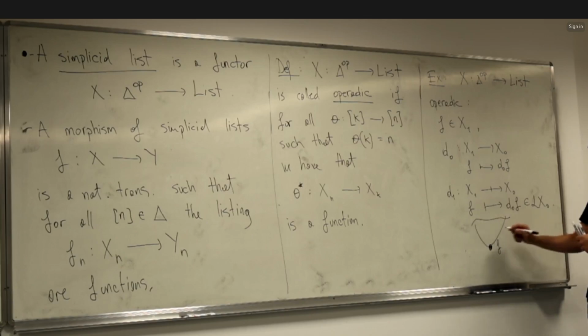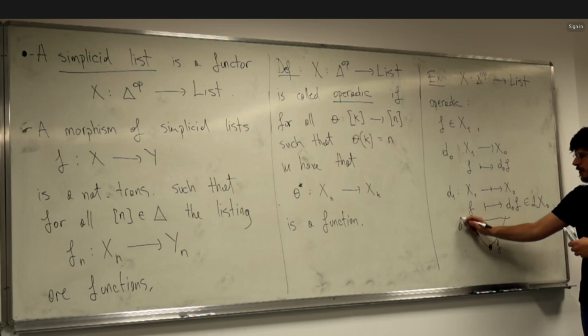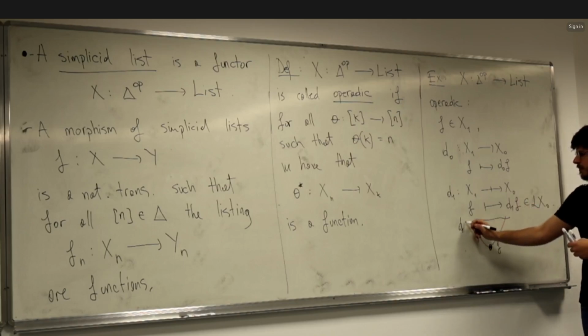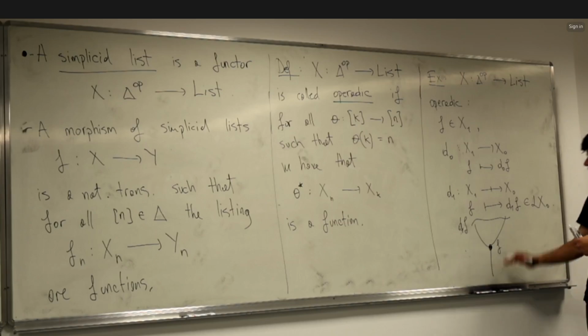So this sequence is d1, and the output sequence is d0. So this is one little instance of how this notion of operatic is adapted to describe operads. So how are we on time? 15 minutes. Good.